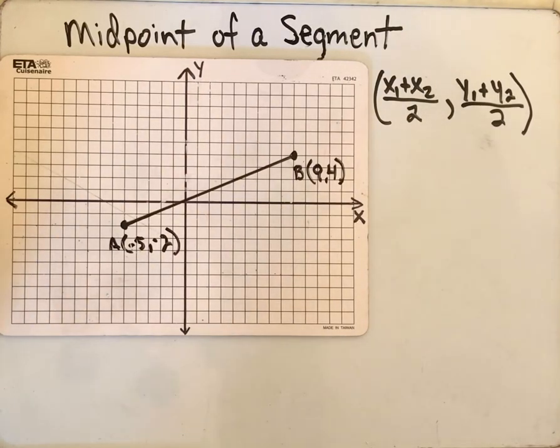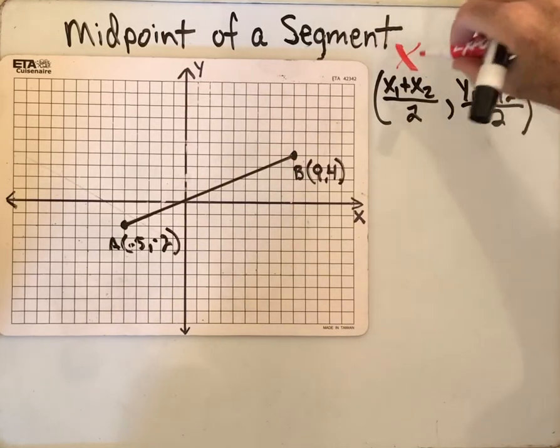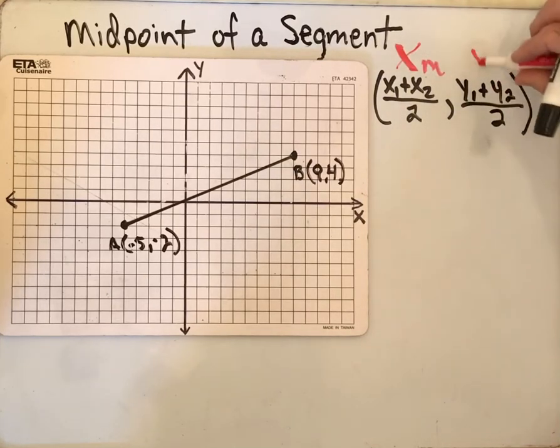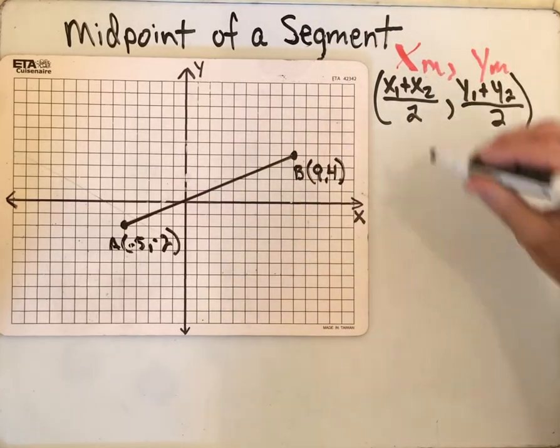This might look familiar to you. This midpoint m is a coordinate. So this is the x value, which we'll call x sub m, because that's the midpoint, and y sub m. The answer that we're going to find is going to be a coordinate, and then we'll plot it. Let's plug in. Let's do the x first.